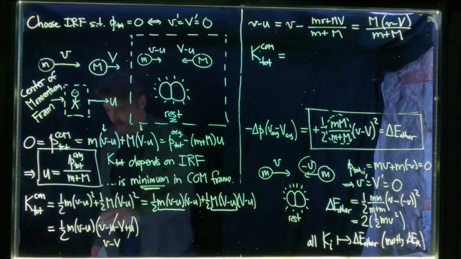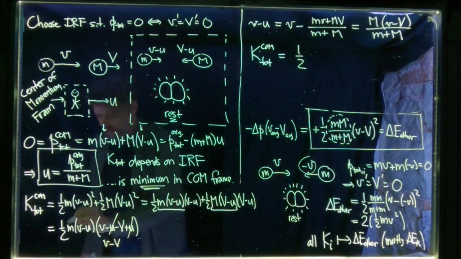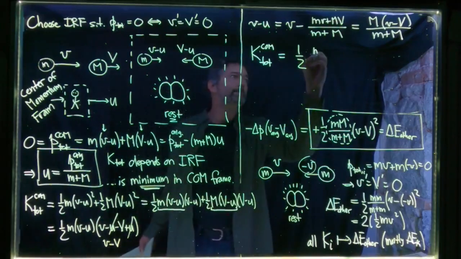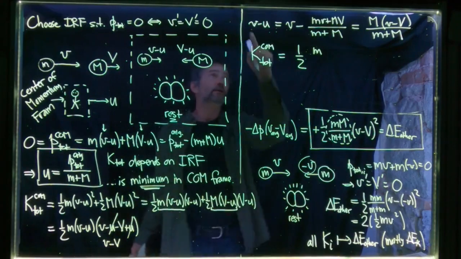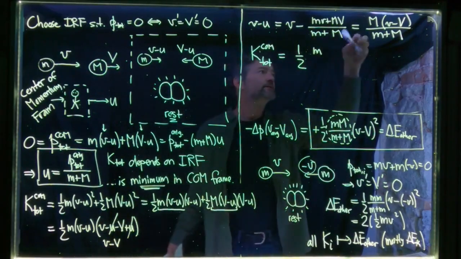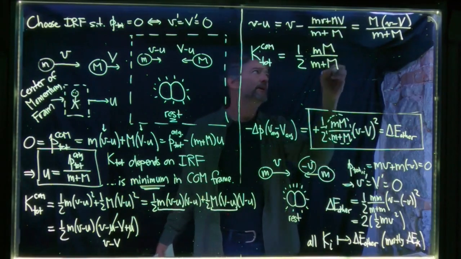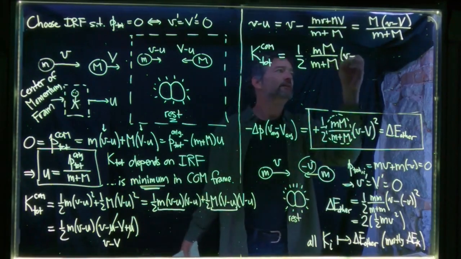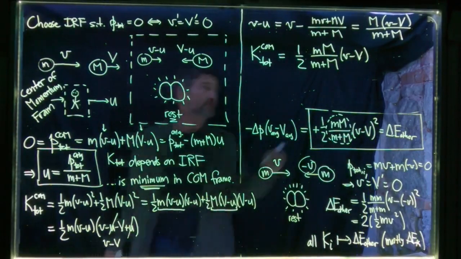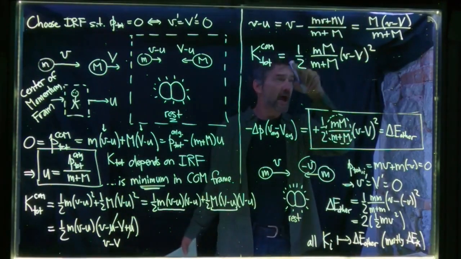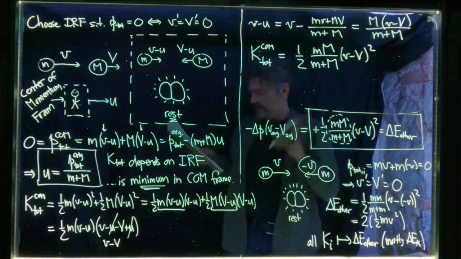So there's a 1/2, first of all. Then there's a little m. And then we need to multiply by little v minus u. Little v minus u is this thing. So there's a big M. And then there's a divide by little m plus big M. And then there's a factor of little v minus big V. And then there's a second factor of little v minus big V. It's a 1/2 mv squared. That's a kinetic energy. Okay? So we get that.